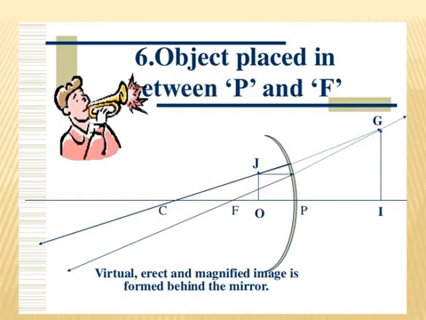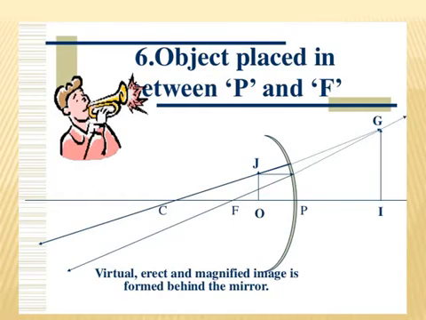So this is a very important diagram, and this diagram is often asked in the board examination. As usual, first draw the mirror, then draw the principal axis, and fix the points P, F and C in such a way that F is at the center.